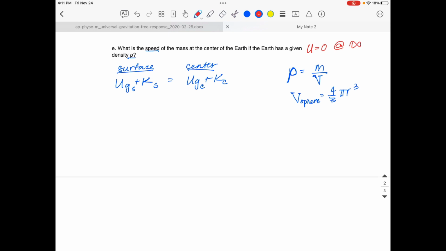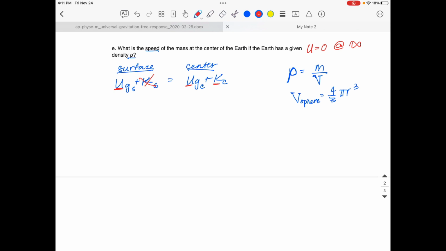So on the surface, we're going to have some gravitational potential energy. Let's say that it starts at rest, because we won't be moving it. We will release it at the surface of the Earth. So it'll start at rest, so no kinetic energy on the surface. And then we've got gravitational at the center and kinetic energy at the center.